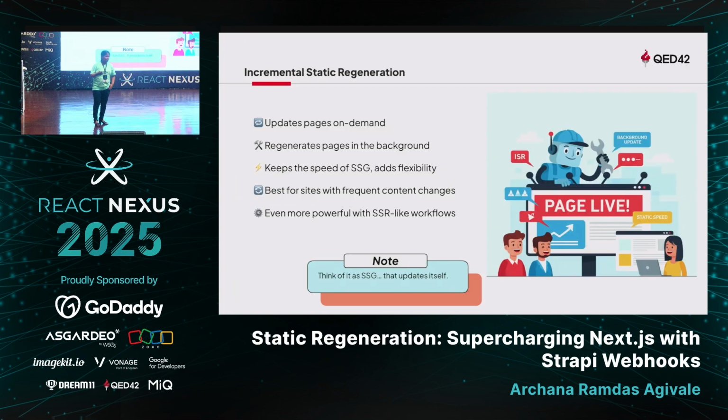Many of you have heard about ISR. Some of you might be thinking that we can use ISR, so why should we use SSG? ISR is an extended version of SSG where your page is rebuilt or regenerated in the background.